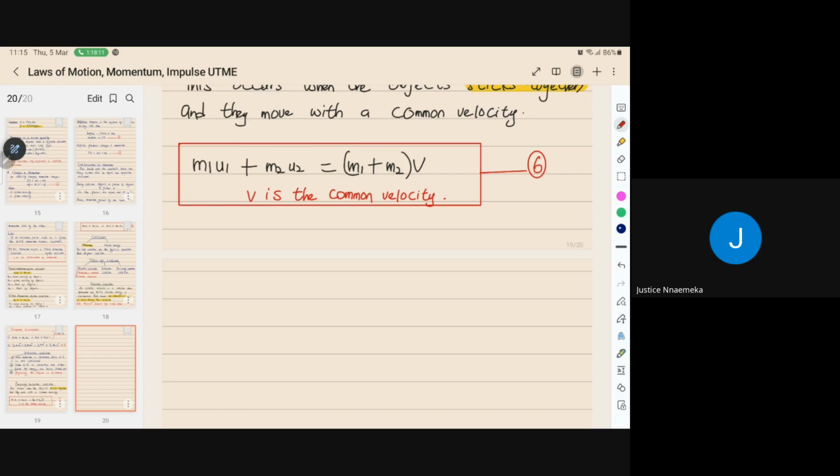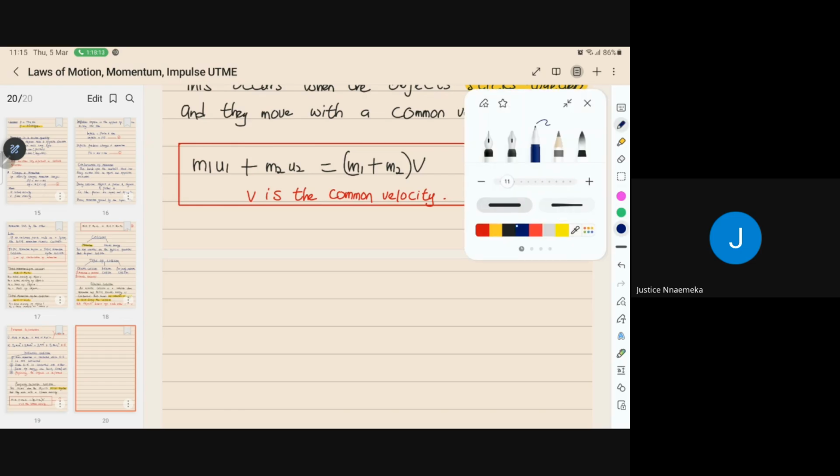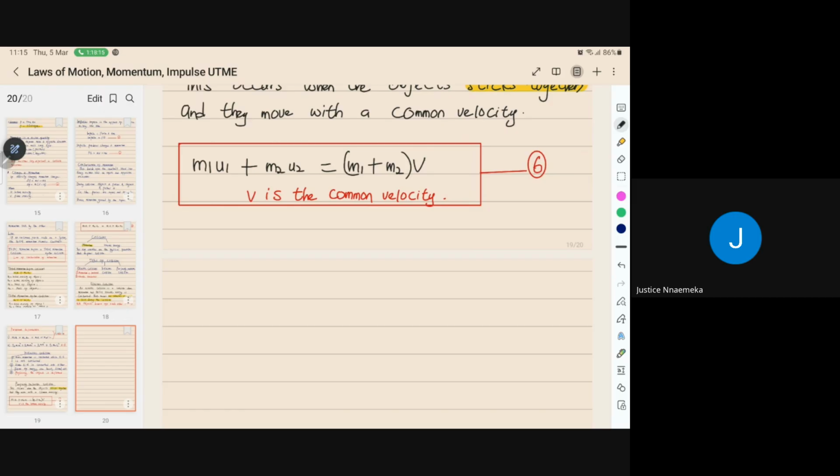So it is important to note that total KE before collision for this very one should be greater than total KE after collision.